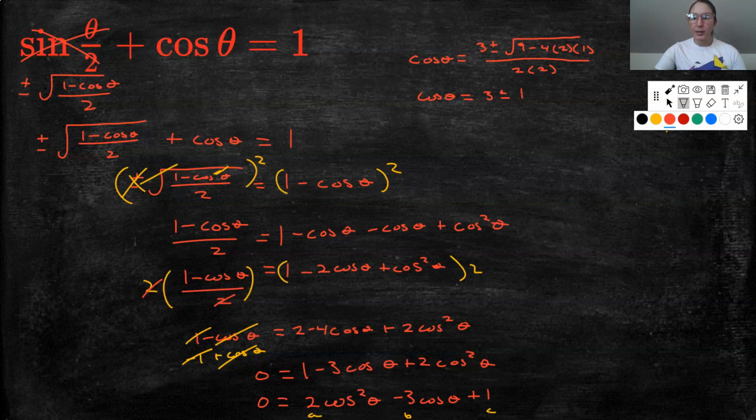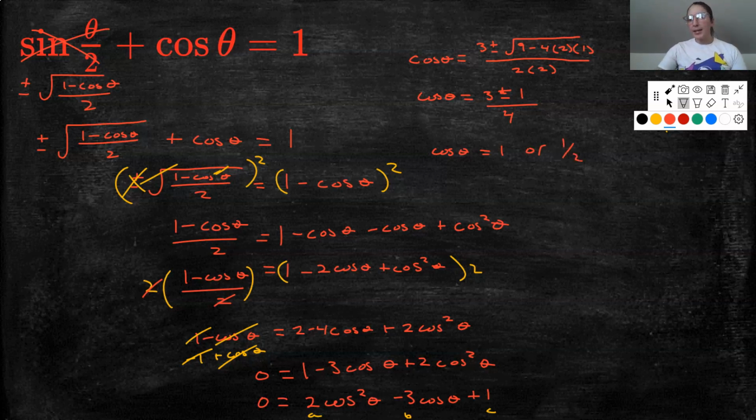Square root of 1 is 1. So 3 plus or minus 1 over 4. So we get cosine of theta is equal to 3 plus 1 is 4, 4 over 4 is 1, or 3 minus 1 is 2, 2 over 4 is 1 half.